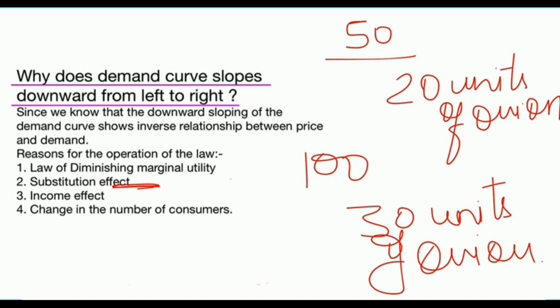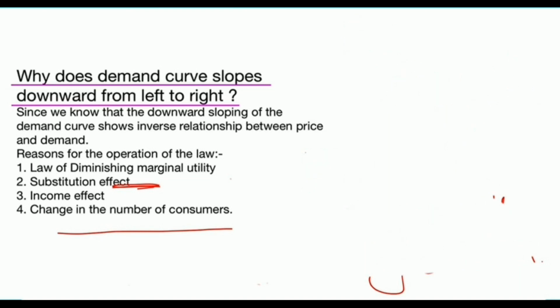And now the last one is the change in the number of consumers. It says that as the price of a commodity falls, the consumers who were initially not able to purchase the commodity can now enter the market. As a result, the demand for that particular good will increase.